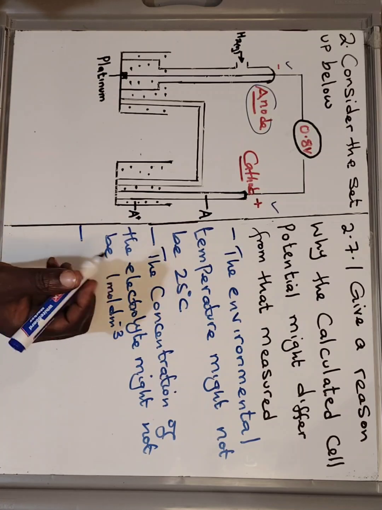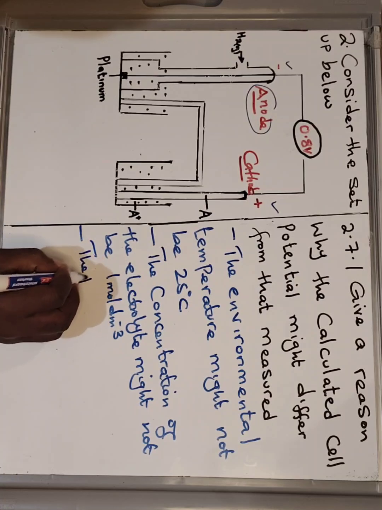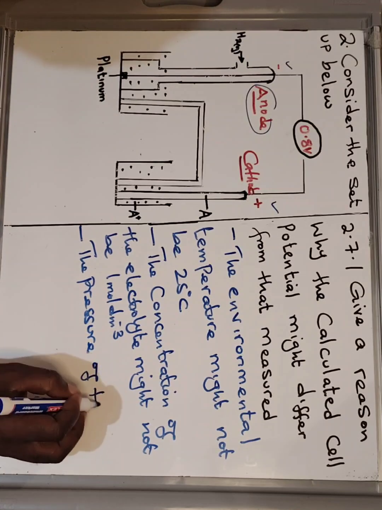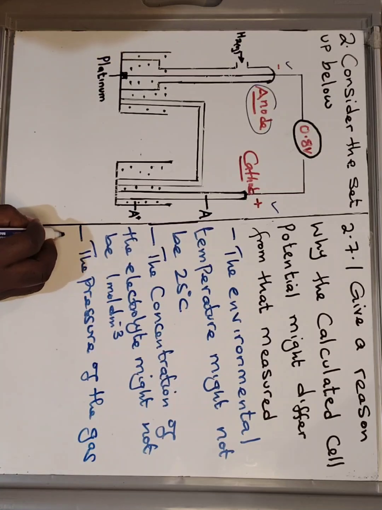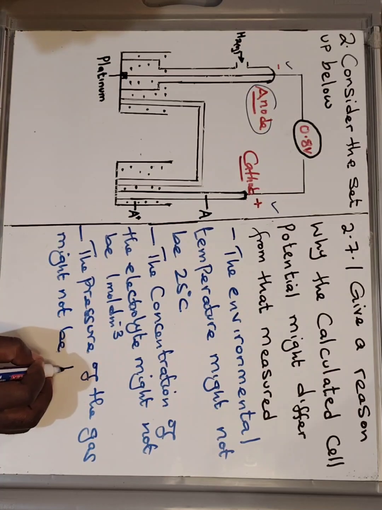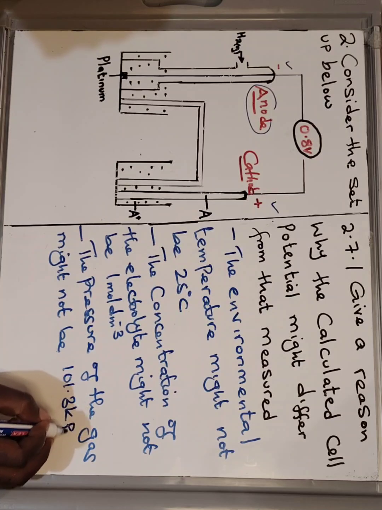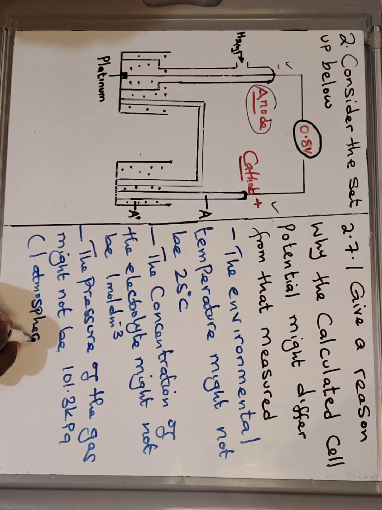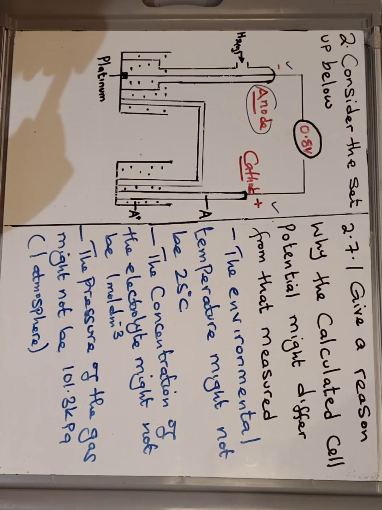The third one is that the pressure of the gas involved, in case one of the half cells has gas, the pressure of the gas might not be 101.3 kilopascals or 1 atmosphere. So these three factors can seriously influence the value you read from your voltmeter.